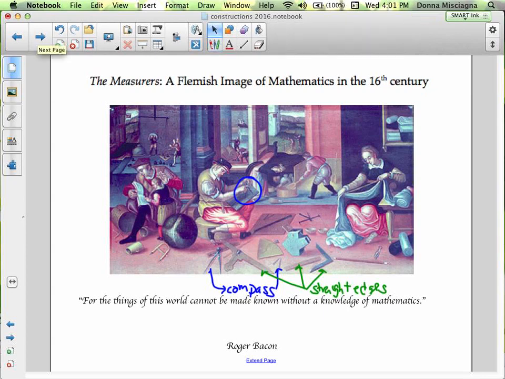So this was just a little background about constructions. I've given you an almost complete set of notes, and it has all the steps. There are a few constructions that you'll do as part of your notes. There's spaces for it. And you can do it if you'd like while watching the podcast, or you can do it later in class and have me help you.